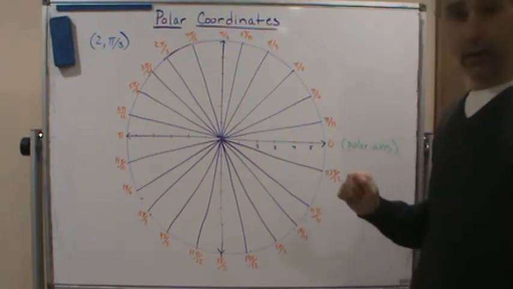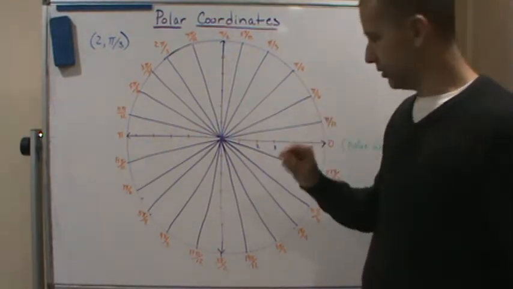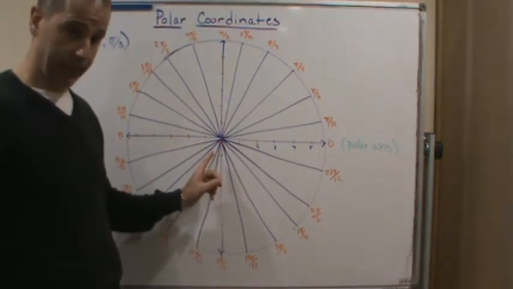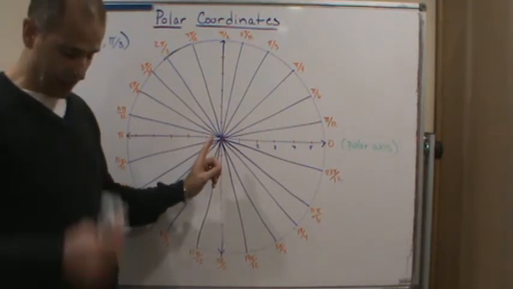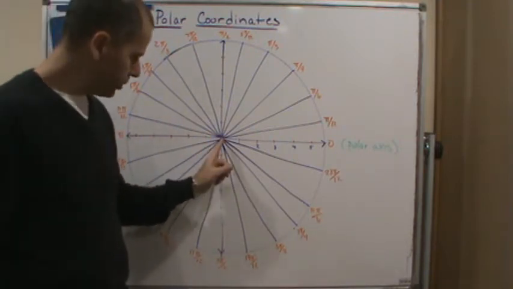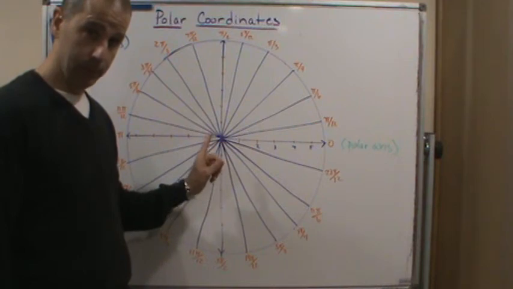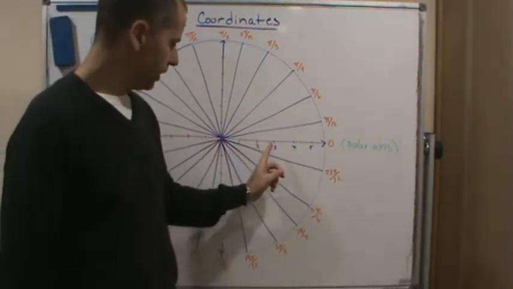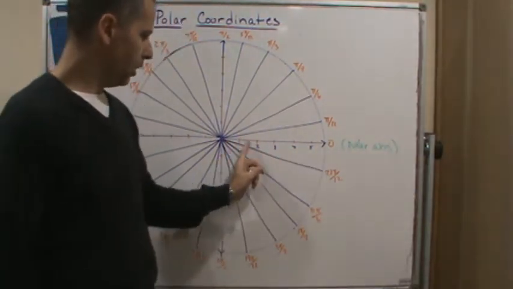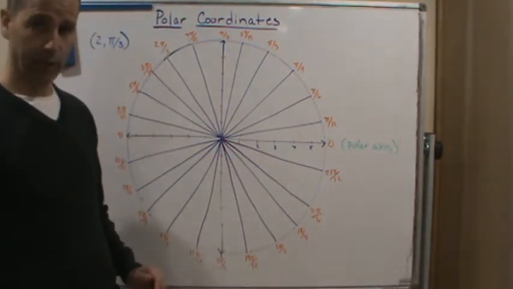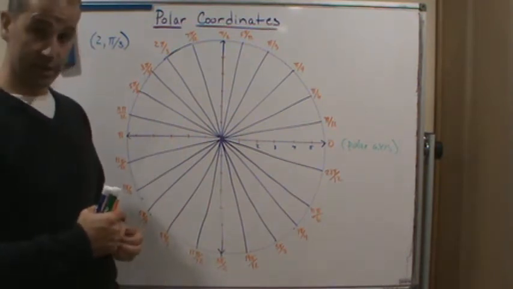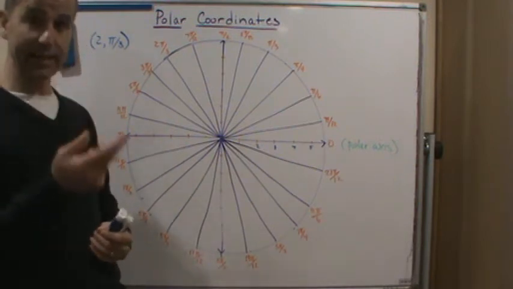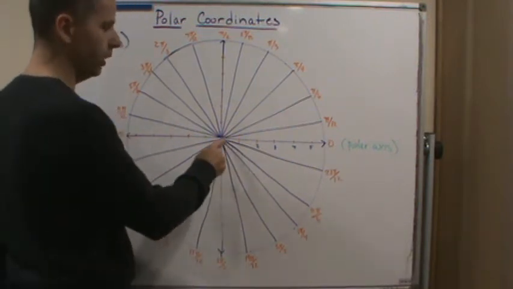So r is the distance the point is from the origin. What we call the origin in the rectangular plane, we call the pole in the polar system. Each one of these tick marks represents length along the polar axis, which gives the length of the ray, or line segment, from the pole to the point.